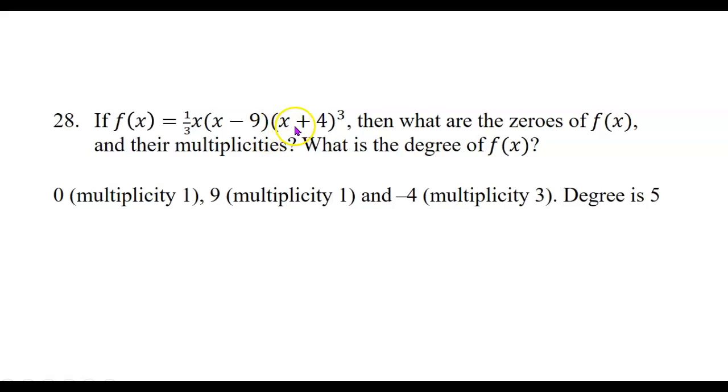So -4 is a 0, and that has multiplicity 3. We've got an x plus 4 times another one, 3 factors of x plus 4. So -4 is a 0, and then a 0 again, and then again.